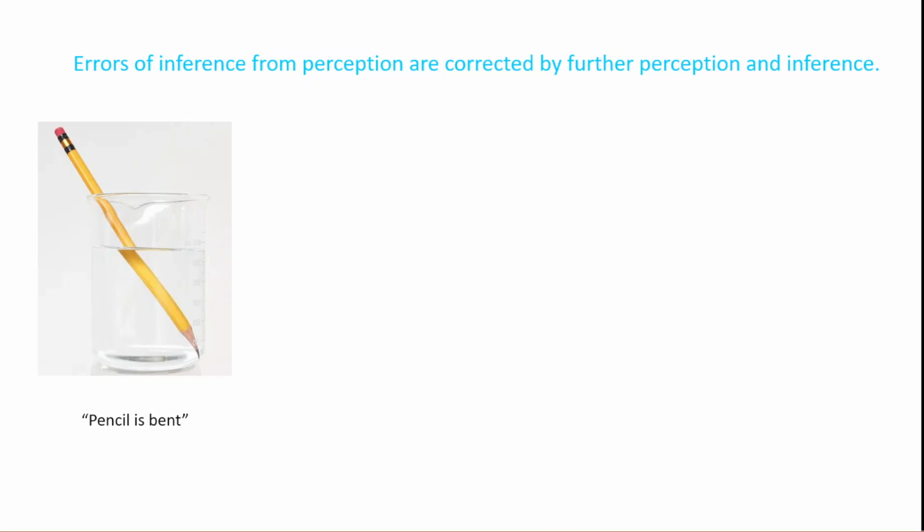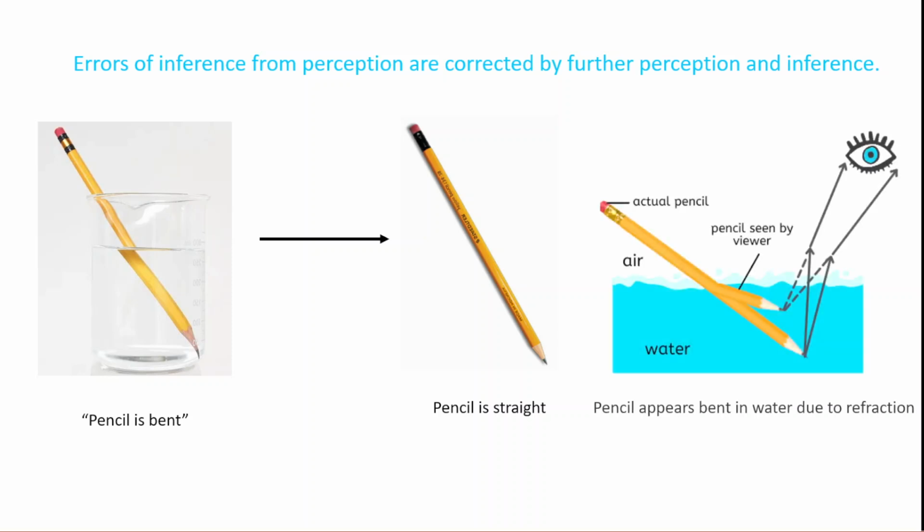A judgment normally would be that a pencil is bent in the water, but when I remove the pencil from the water, the pencil is straight. On further study of light, pencil, water, and the nature of all those things, I come to the conclusion that through refraction, the bending of light waves in water, the pencil appears bent to me, but it is not bent.